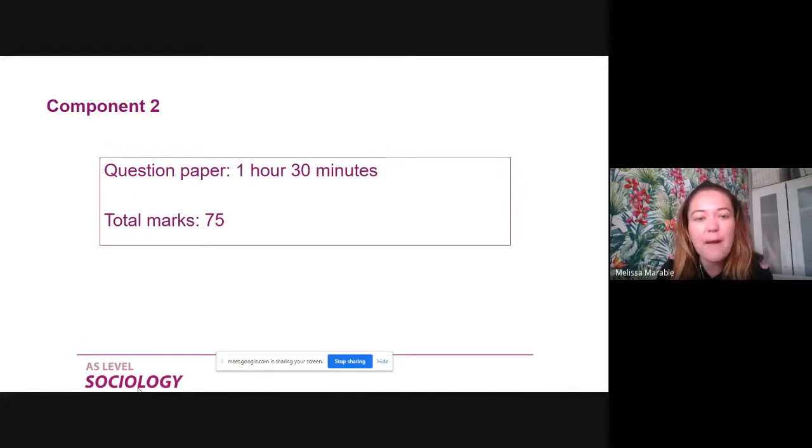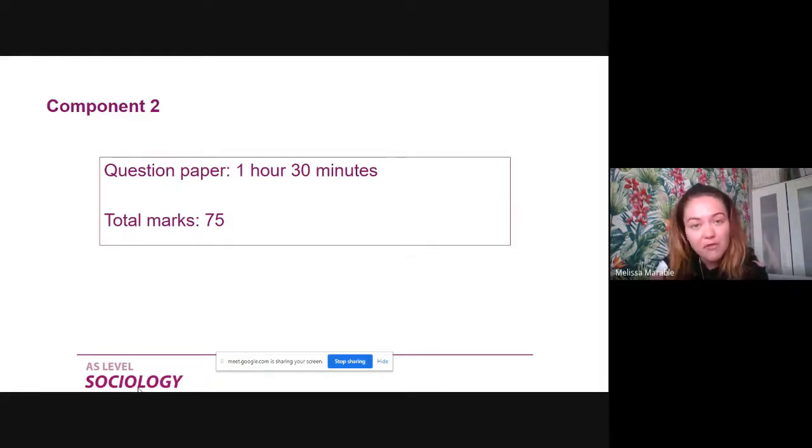The question paper for paper 2 is 1 hour and 30 minutes. So on Thursday, when I post the exam paper, make sure you set aside 1 hour and 30 minutes and do it to the time. That is really, really important. If you have exam dispensation, as in you get extra time, that's absolutely fine.